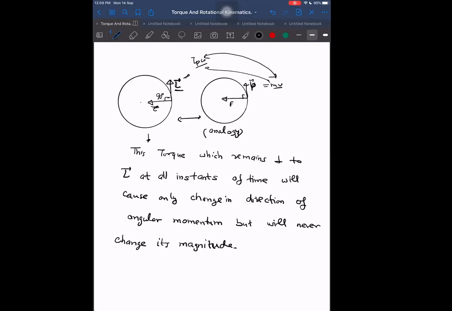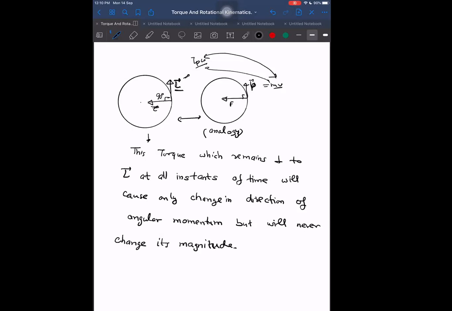Okay, but can we apply IP into omega always? No, we can apply IP into omega only where P is the fixed axis of rotation. So if the body is rotating about some fixed axis, then we can apply that. Now you may say, sir, you told that we can apply about the instantaneous axis also. Yes, we can apply about the instantaneous axis of rotation.